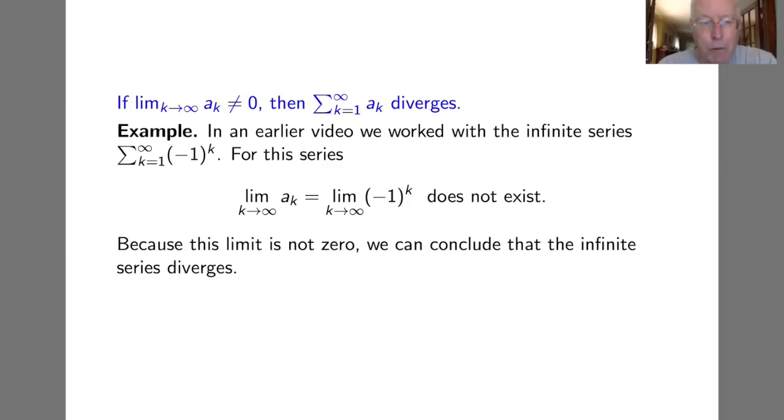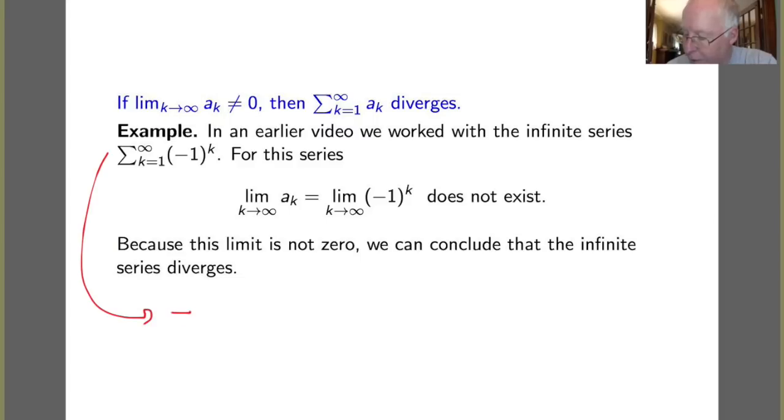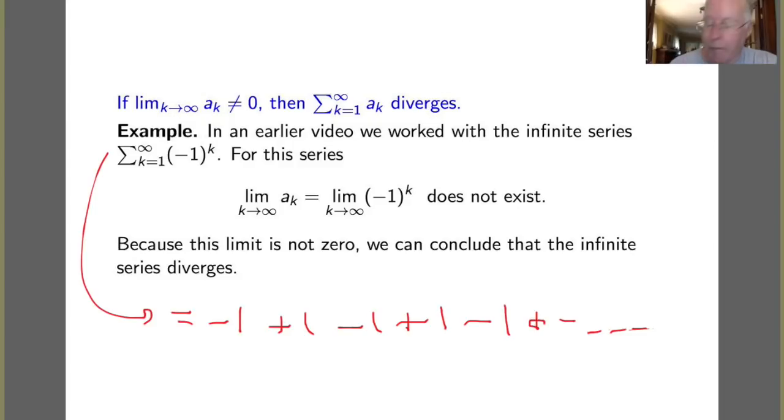So here's an example. In an earlier video, we worked with the infinite series summation k equals 1 to infinity of minus 1 to the k. And we saw if we write this series out, it just becomes minus 1 plus 1 minus 1 plus 1 minus 1, etc. And this alternation in sign just continues. Now for this series, it's easy to see that if you take the limit as k goes to infinity of a sub k, that is a limit of minus 1 to the k.